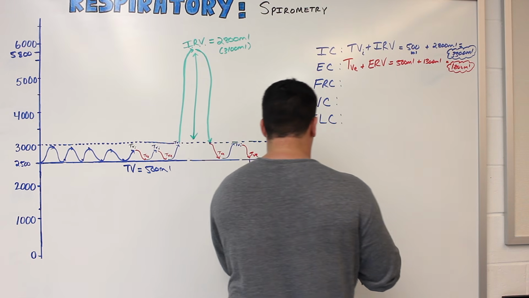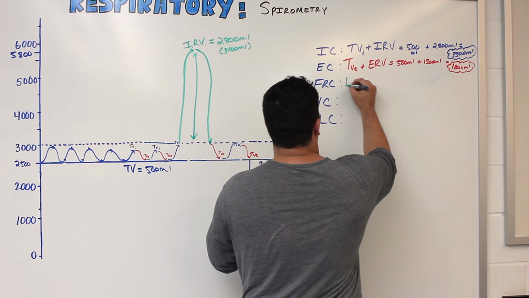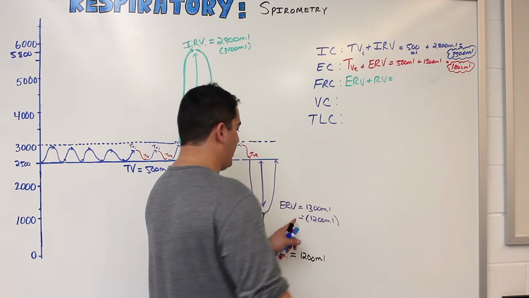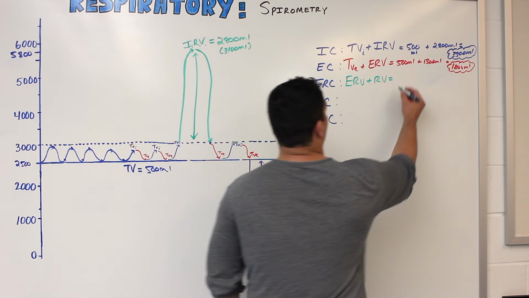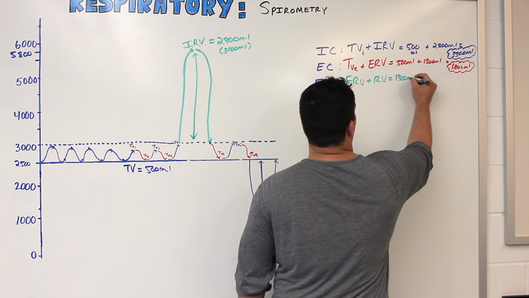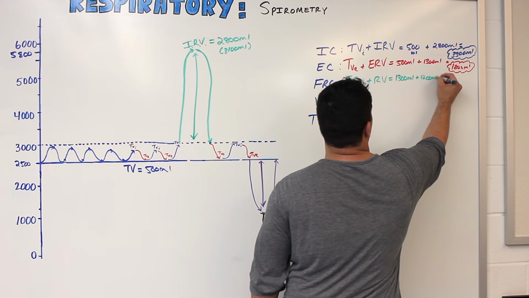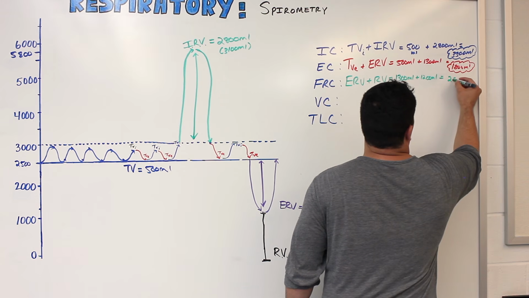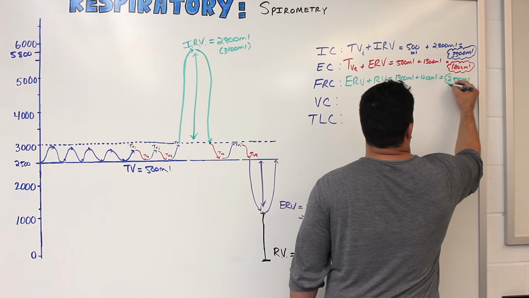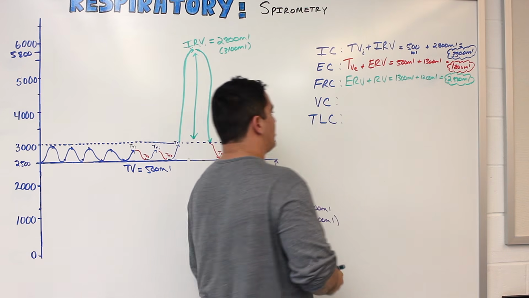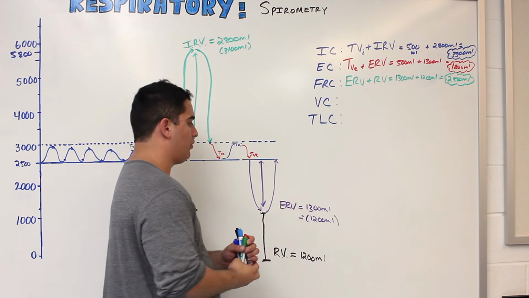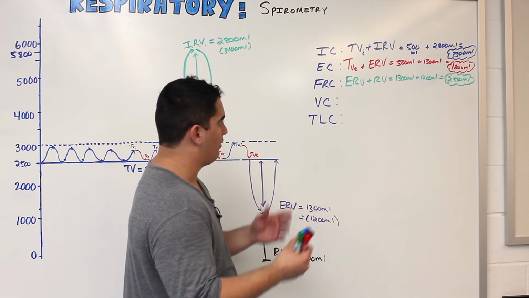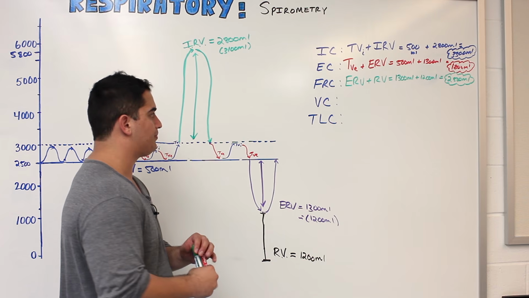ERV is 1,300 plus 1,200, so it's 1,300 mLs plus 1,200 mLs, which equals approximately 2,500 mLs. Again, these are just going off of this graph. Obviously, the true average values will depend upon the standardized numbers for a male or female, and all of ours can differ a little bit.